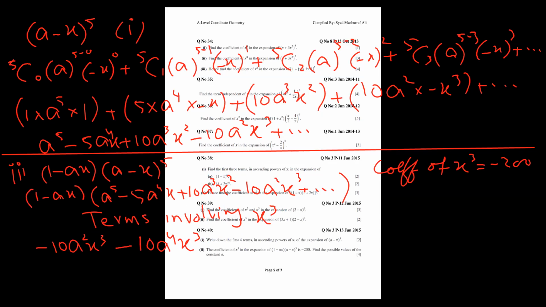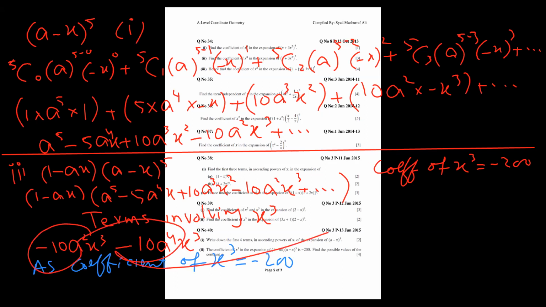This is over. After this, what is the plan? Because he gave that coefficient, I'm writing a sentence here: coefficient of x to power 3 is minus 200. That means don't take x cubed, take the numbers and equate with negative 200.